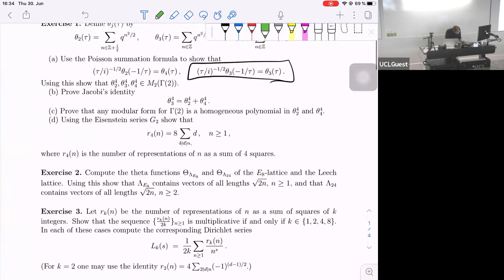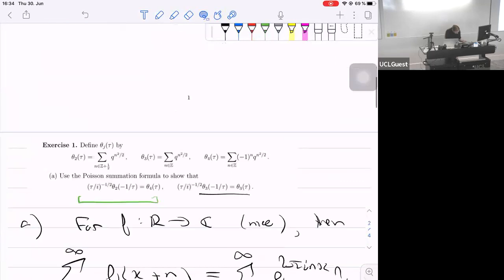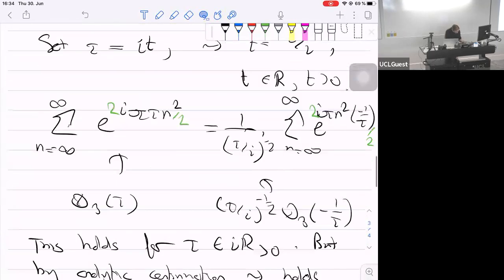Now, the next part of the question is to show, actually from these transformation properties, that θ2, θ3, and θ4 are modular for gamma 2, and in fact, they're weight 2 modular forms.